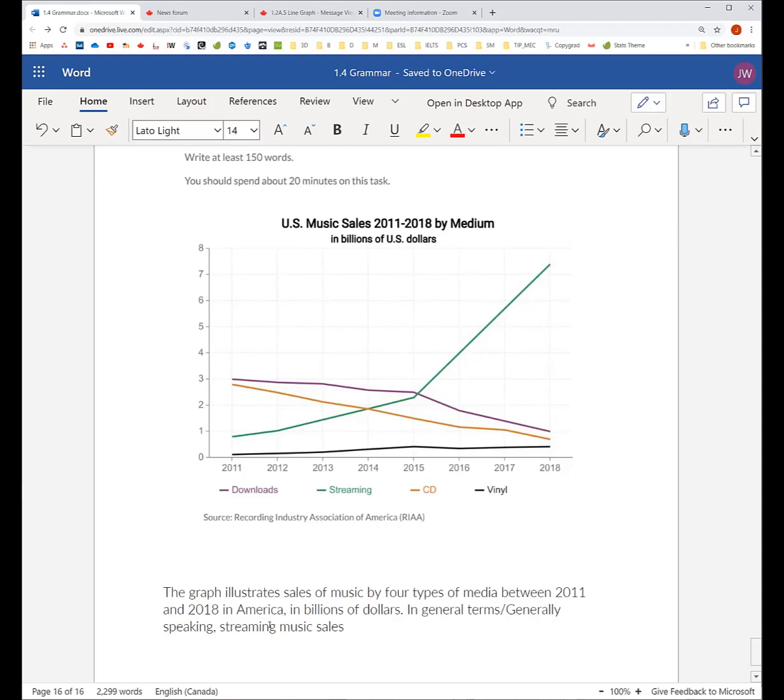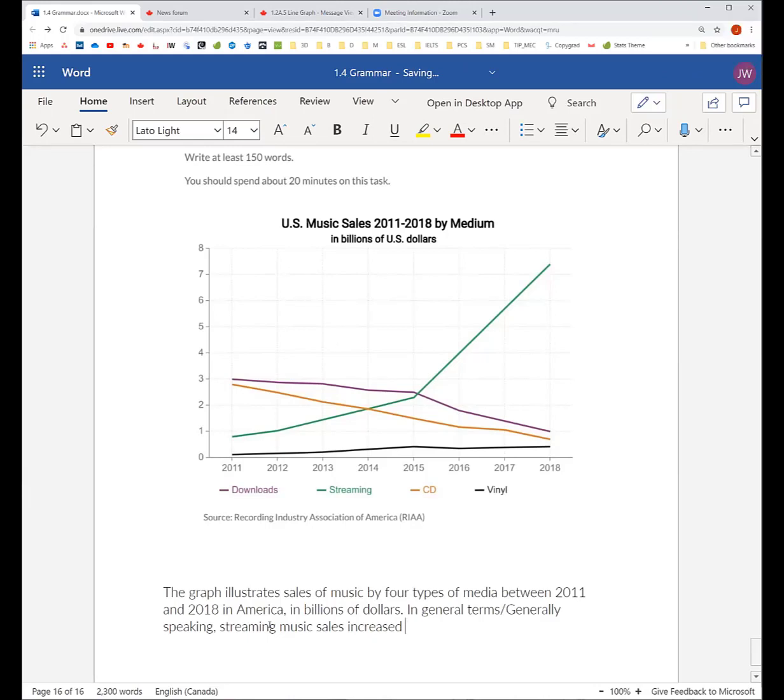I'd like to say streaming music sales increased with the increasing year or something like this. Okay. Increased, and sorry, I didn't catch what you said after increased. Okay.